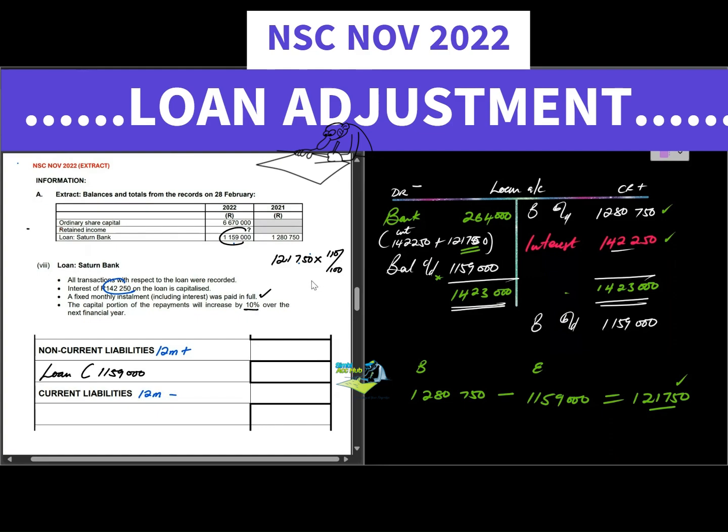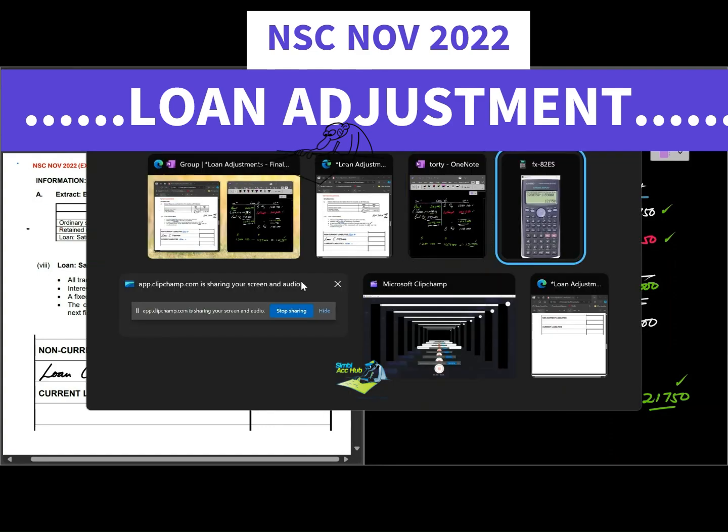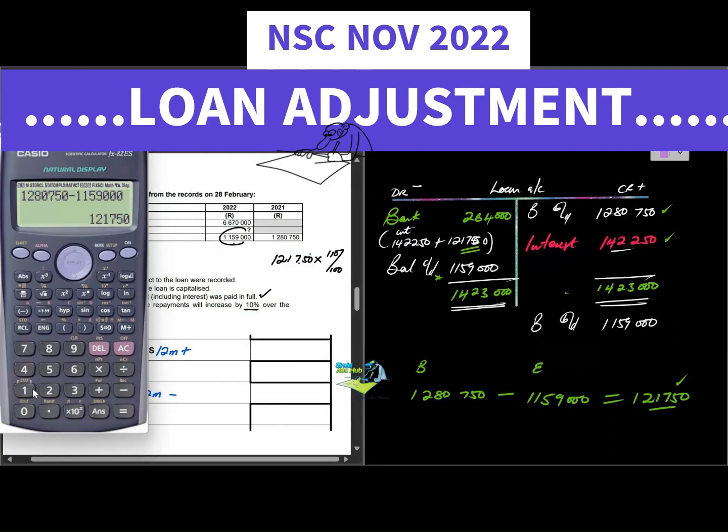Or you could have simply multiplied by 10% and then added that amount back again. That will give me 133,925.